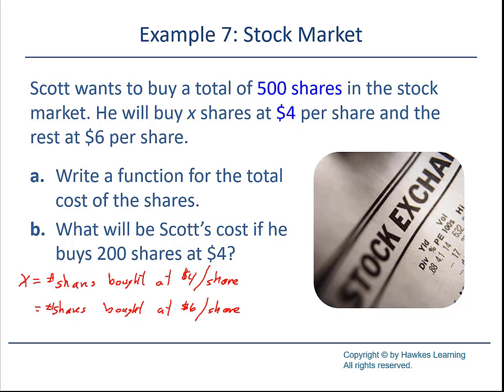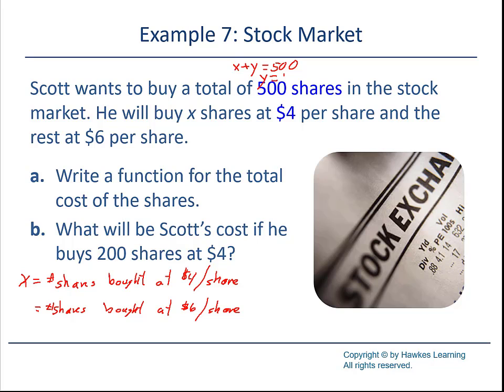Now what we could do, one possibility, would be to put Y there. And if you have X shares here, Y shares there, then since he's going to get 500 shares, you could write the equation X plus Y equals 500. The catch, though, is you'd rather have just one variable. Well, you could solve this for y.